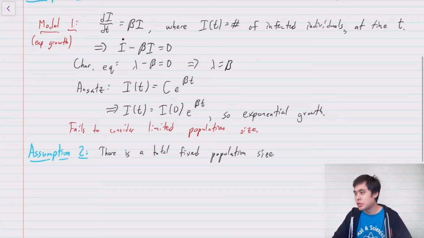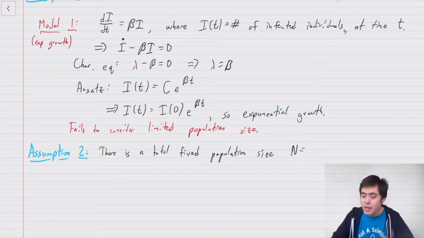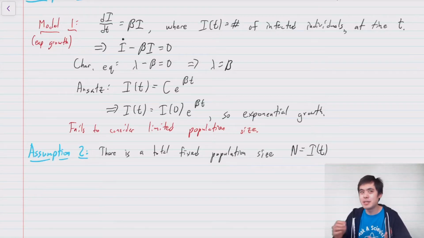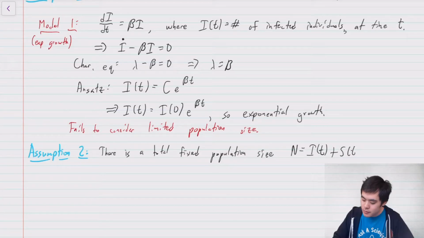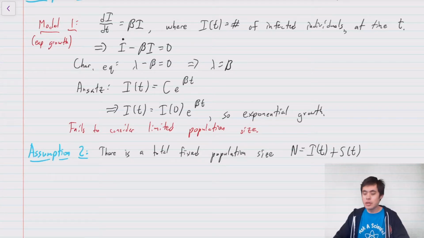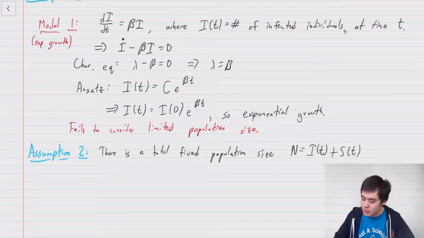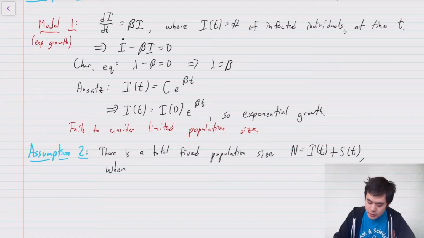But of course, in general, the population size isn't a fixed number. You can think of this as approximating the case when the epidemic spreads really quickly, and so the population isn't actually varying that much over the course of the epidemic. And where N is equal to I of t plus S of t, where S is the number of susceptible individuals.